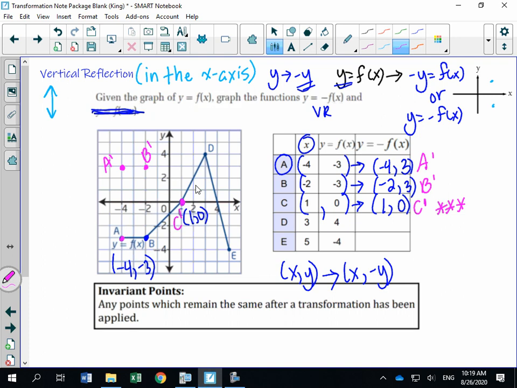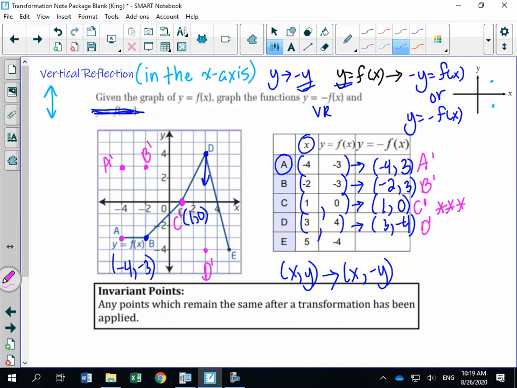Okay, D. D is up here, and we're going to reflect it down, right? So let's see where D goes. They said that D was at 3 comma 4. The new coordinate is going to be at 3 comma negative 4, and that's going to be D prime. So we're reflecting it in the x-axis. We're bringing it down to 3 comma negative 4, D prime.